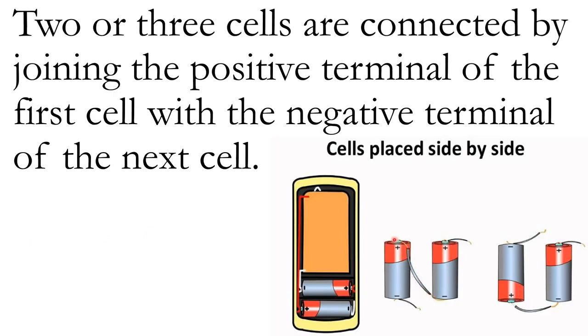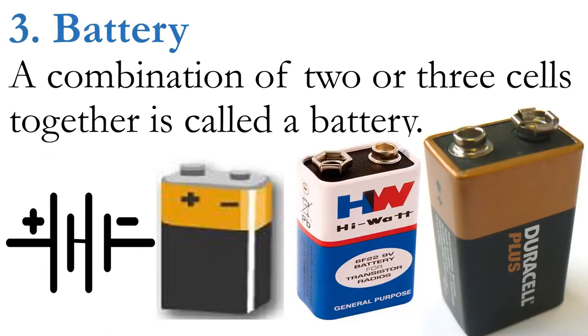The important thing to note here is that the positive terminal of one cell is connected with the negative terminal of the other. If we invert the first cell, then this arrangement is very common, which we see in our TV remotes, AC remotes, etc.